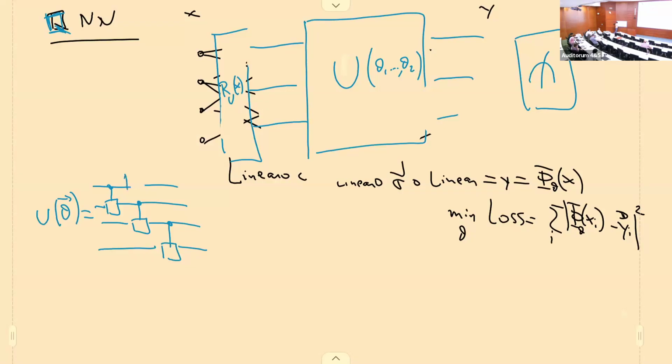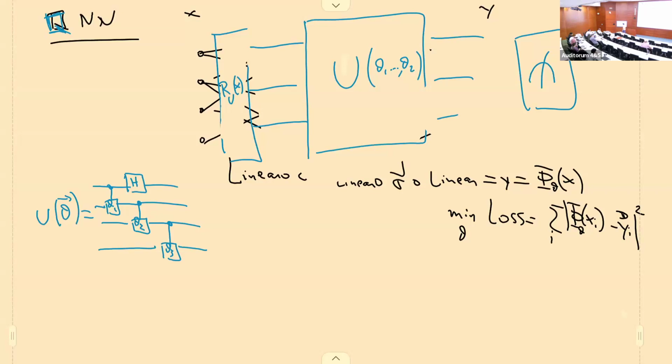Maybe I can also add some other matrix as H here, and this one depends on theta 1, this one depends on theta 2, and this one on theta 3. Which architecture is optimal? There's no answer. To me, it's exactly the same as with a classical neural network. Should I take 3 layers, 10 nodes, or 15 nodes and 4 layers? You try. Sometimes it works, sometimes it doesn't.